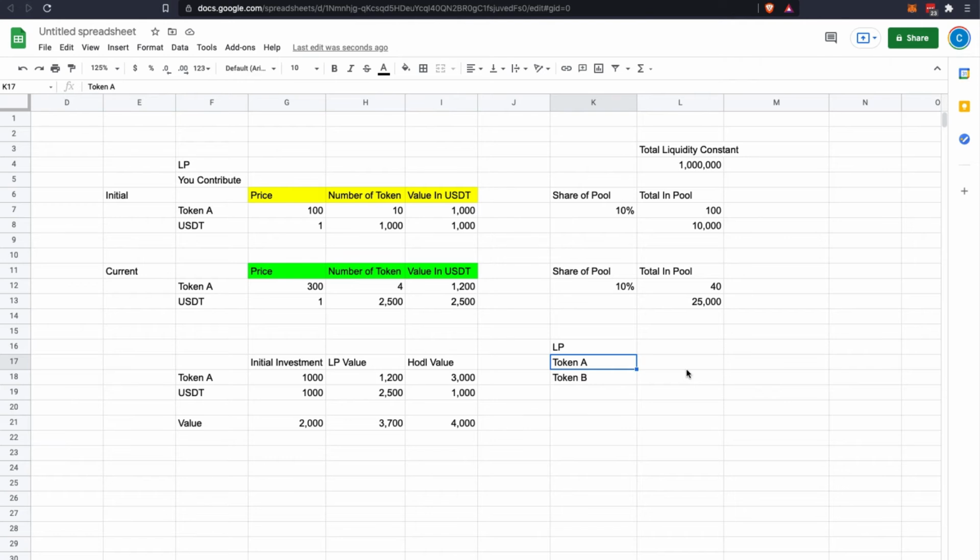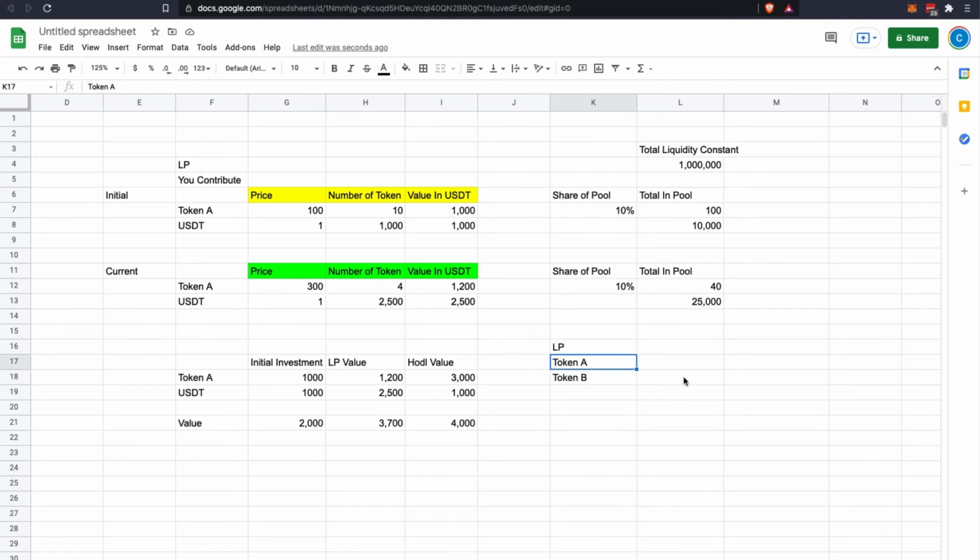I will rank this as the highest in terms of impermanent loss risk, because both tokens are highly volatile. If they are highly volatile to a certain degree, then your exposure to impermanent loss will be much higher, because the ratio that changes in the pool will be of a higher magnitude as well.